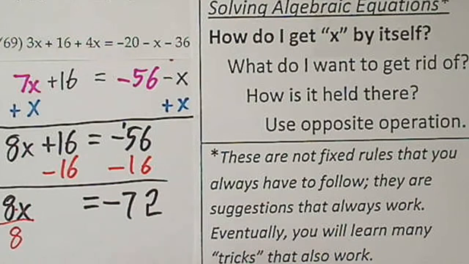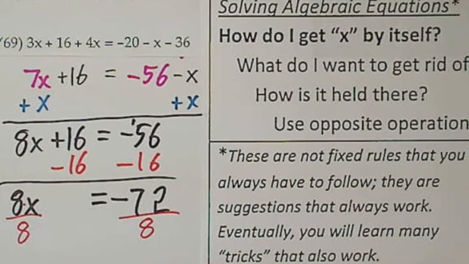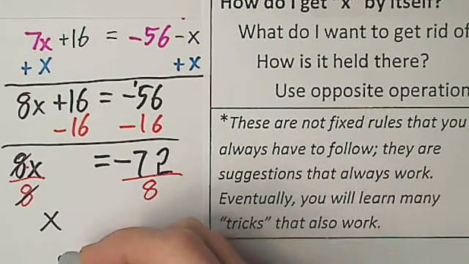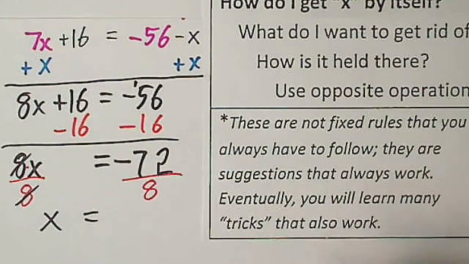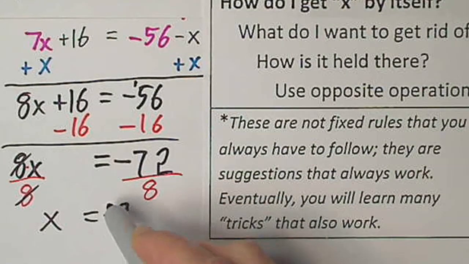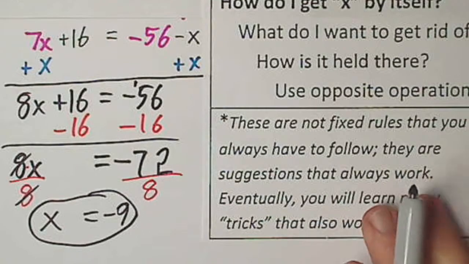If I put the bar with the 8, that means divided by 8. To keep it balanced, I do the same thing on each side. And, lo and behold, 8 goes into 8 once. x equals, and negative 72 divided by 8 is negative 9. Okay, so that's our solution.